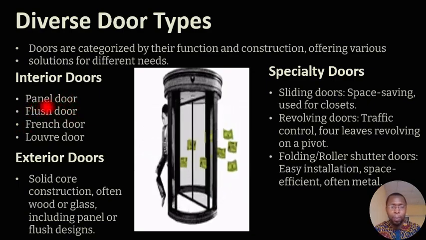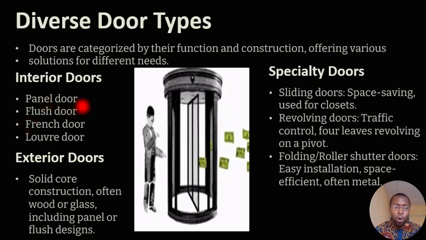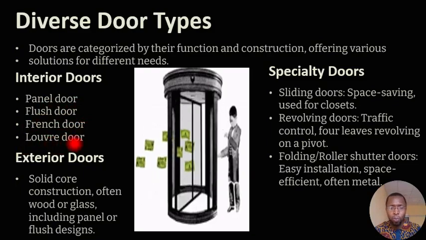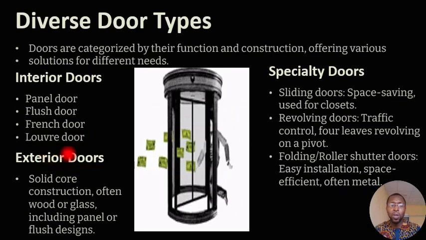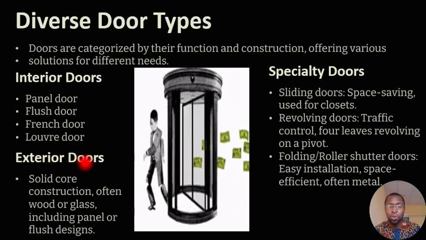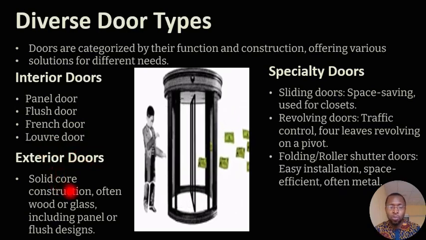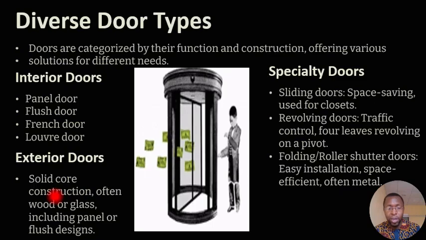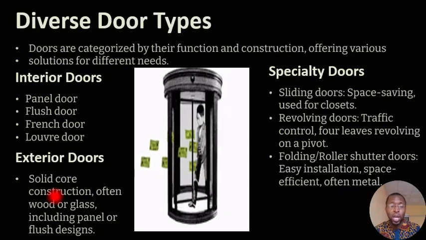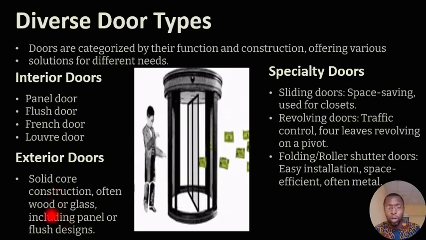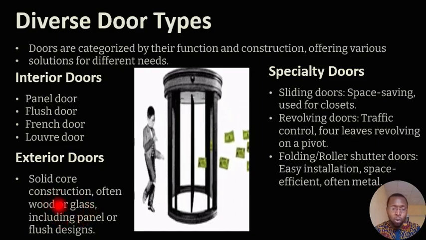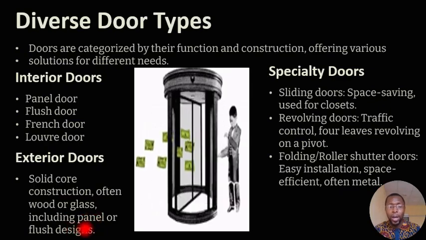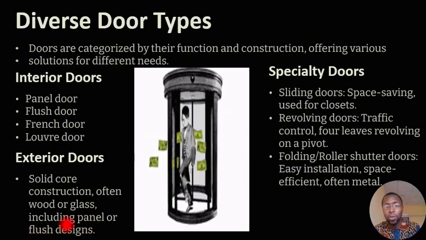Interior doors can be panel doors, they can be flush doors, they can be French doors, they can be lorry doors. And for exterior, like our main gate, exterior doors, we have the solid core construction that are made up of either wood or glass. Even exterior doors are made up of iron as well. But often they are made up of wood or glass, and they also include panel or flush designs.